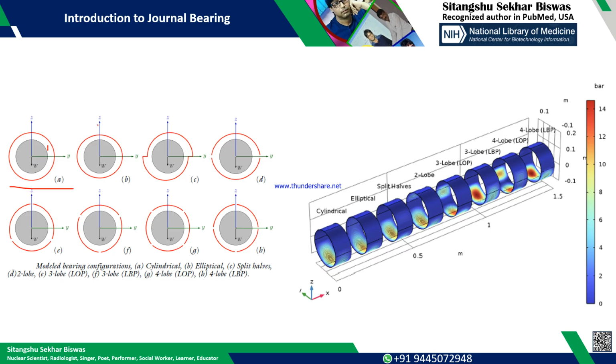The second one, you see, your bearing shell is elliptical, and the third geometry is basically the cylindrical configuration, but these two split halves are slightly displaced.